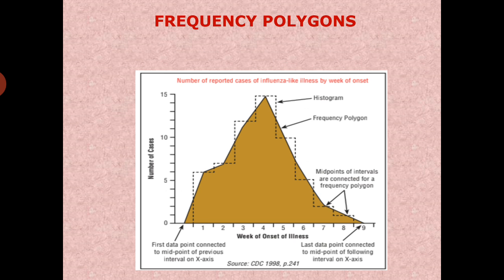In a frequency polygon, the number of observations is marked with a single point at the midpoint of an interval. A straight line then connects each set of points. Frequency polygons make it easy to compare two or more distributions on the same set of axes.